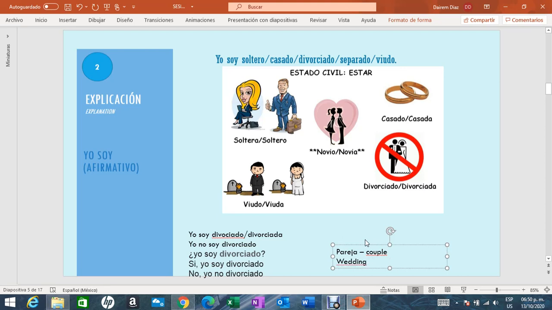Wedding, boda. Because she's wearing a wedding dress and he's wearing a suit. So this is like a canceled wedding. So pareja, couple. Boda, wedding.